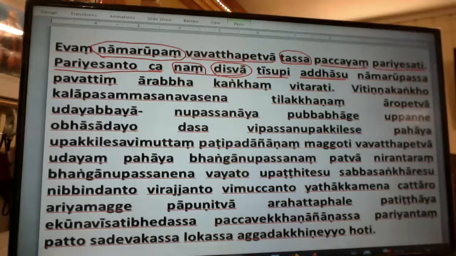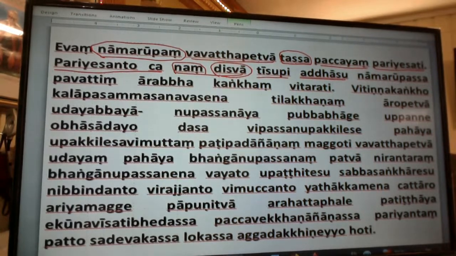If we don't understand the present moment, we have doubt about the past and the future also, isn't it? Clearly understanding the present time, we don't have doubt about the past or future Namarupa and its cause. So that's why Pali mentioned Tisu Adasu, three times: present time, past time, and future time.